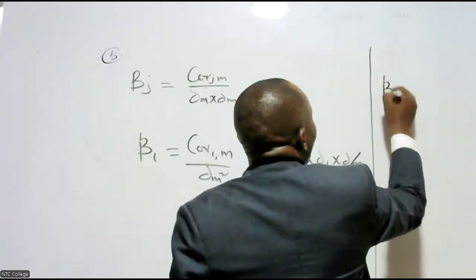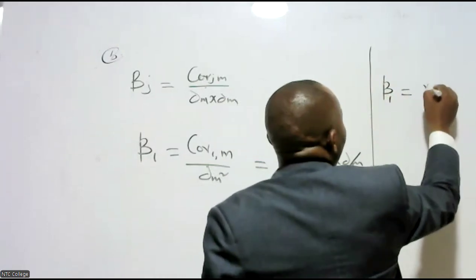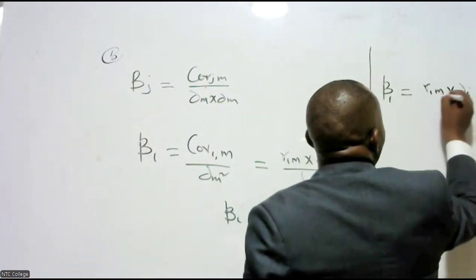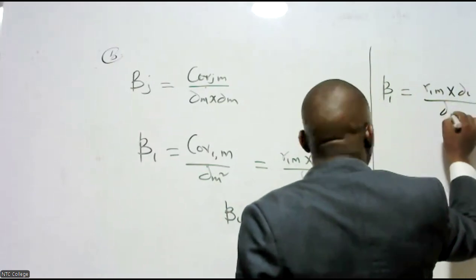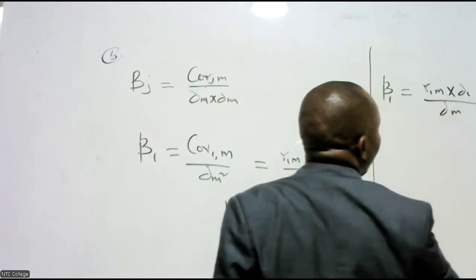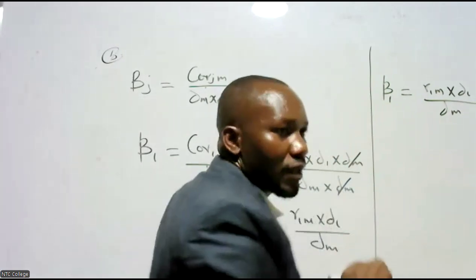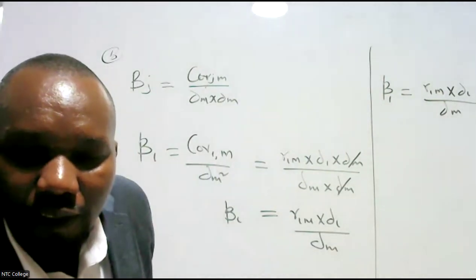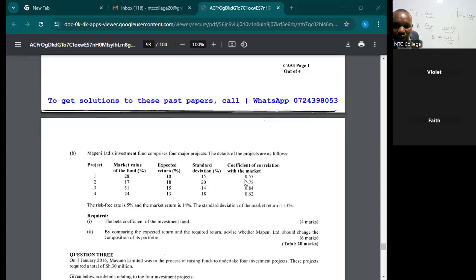We can start with beta 1, which we say is correlation between 1 and the market times risk of the security all over risk of the market. Let me see the figures. So we have correlation of 0.55, that is the first one. So it is 0.55 times 15, that is the risk of the project, all over risk of the market you are given. The standard deviation of the market is 13. So we have 0.55 times 15 all over 13.